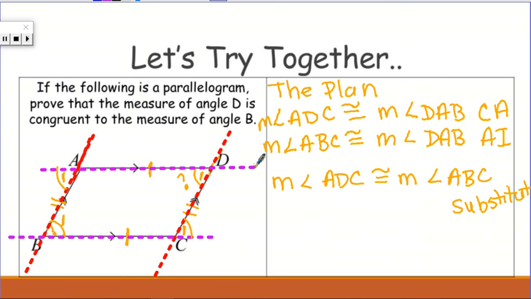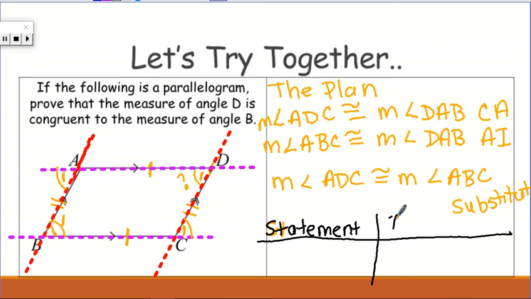And now you can go and write your 2-column proof. So in your 2-column proof, on this side you have your statement, and I'm going to write this in black, and I'm going to just pull it from my plan. This side I have my statement, and the other side I have the reason.